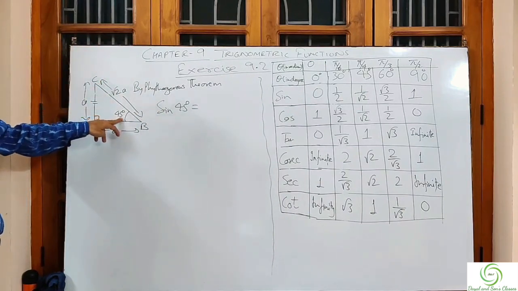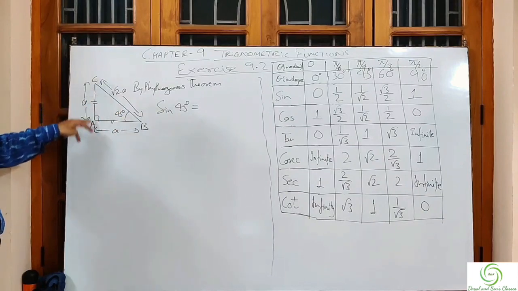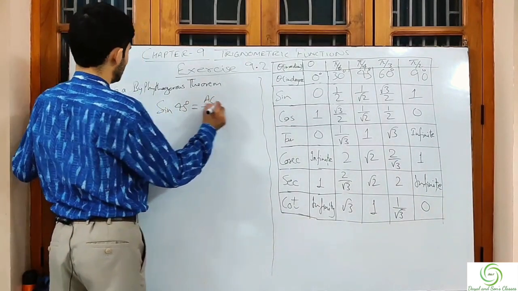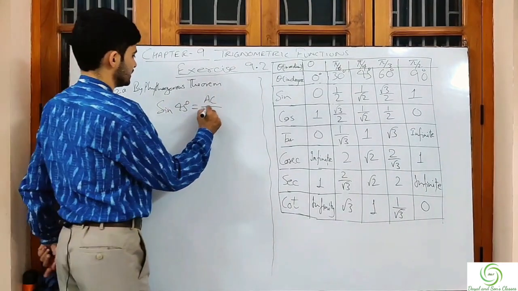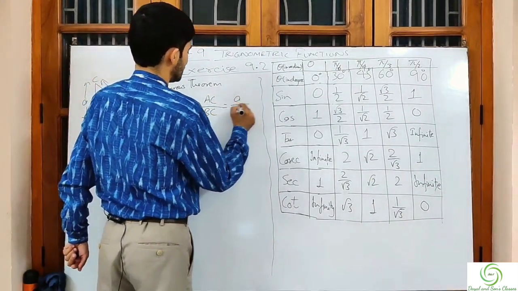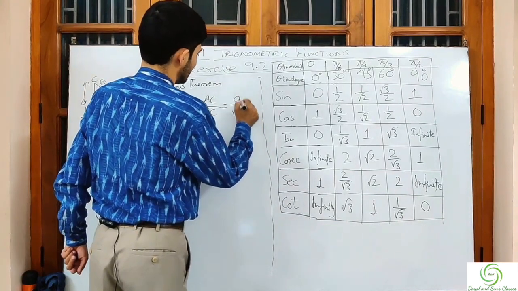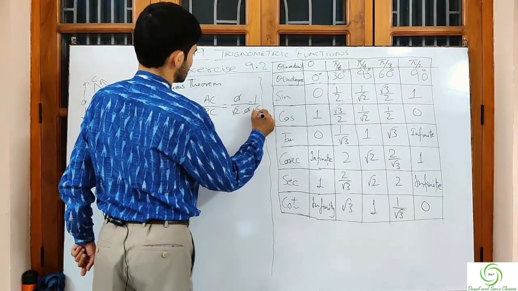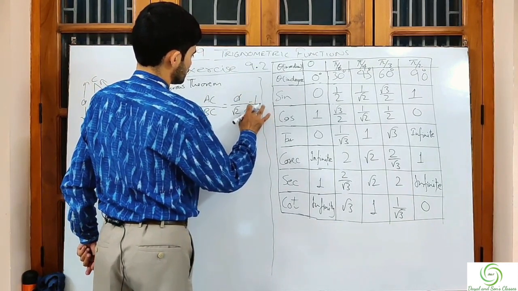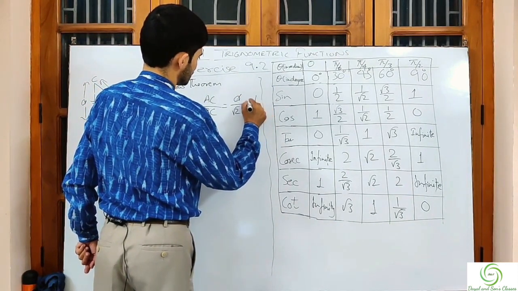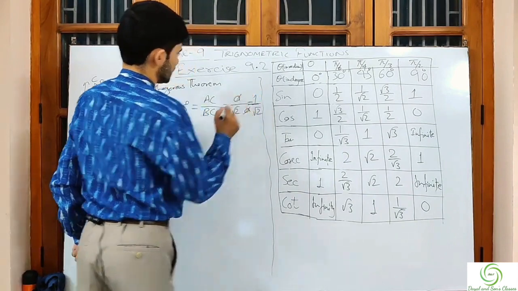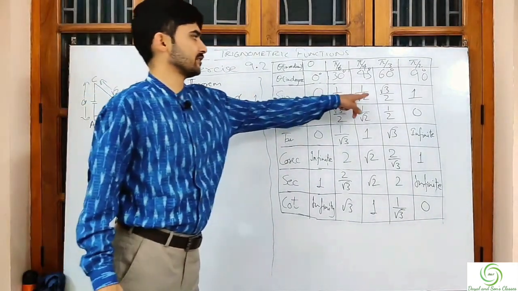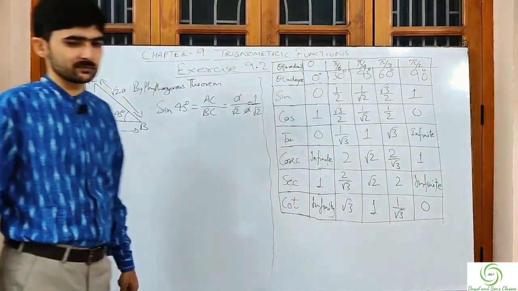Now for this angle 45 degree, perpendicular will be AC, and hypotenuse is BC. That is equal to A upon root 2 into A. A gets cancelled. What we are left with is 1 upon root 2. Clear? That's what we have written. Sine 45 degree is 1 upon root 2.